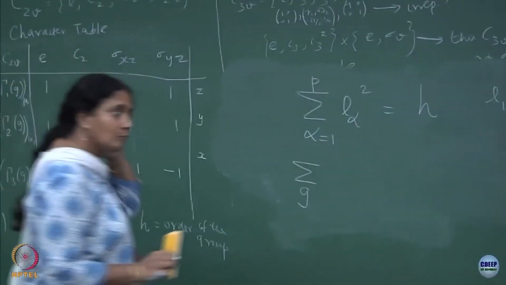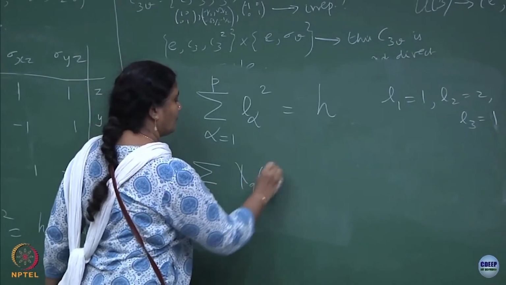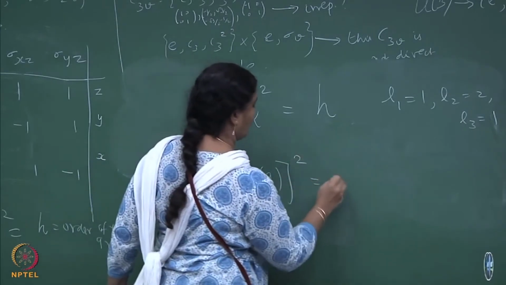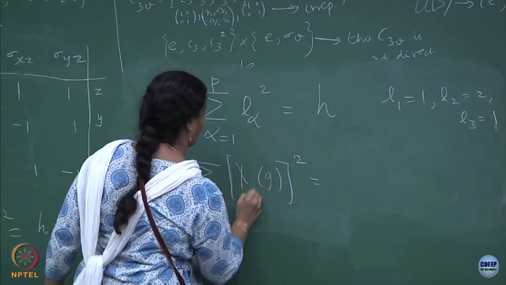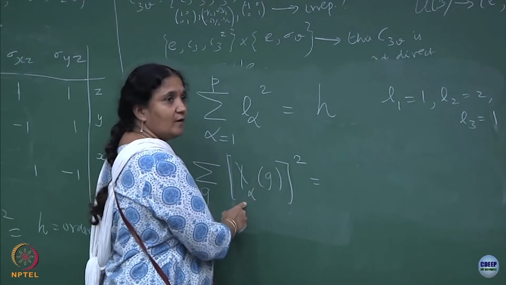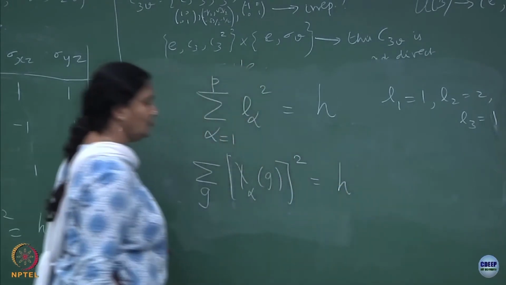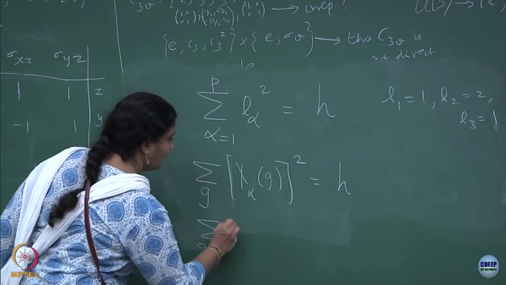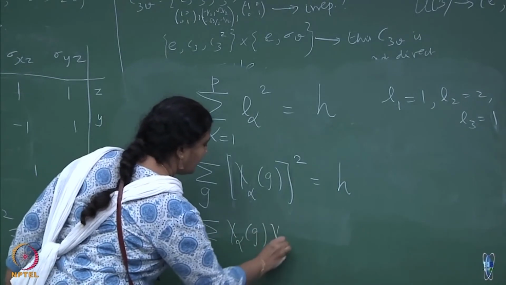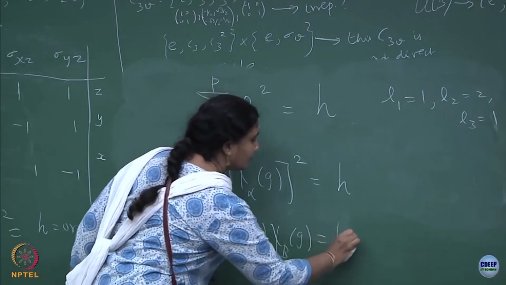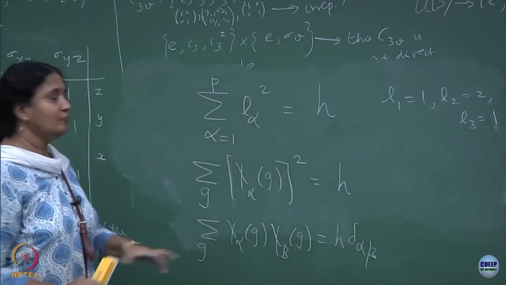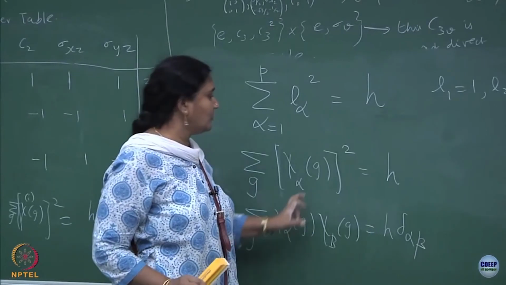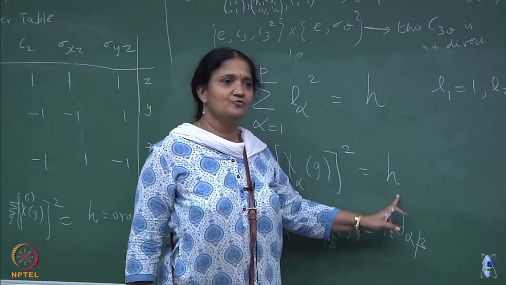Summation over G, for a particular row, alpha denotes the particular row, that will be equal to H. So, this can be fancily written as summation over G chi alpha of G chi beta of G. This takes care of orthogonality between rows, and if you put the same row, the square should be equal to the order of the group, which is what you checked, right.